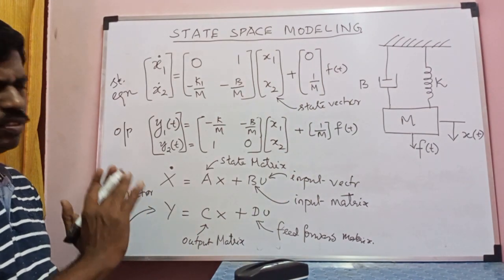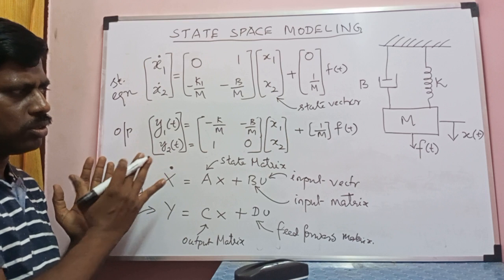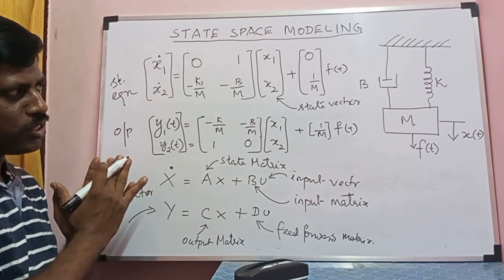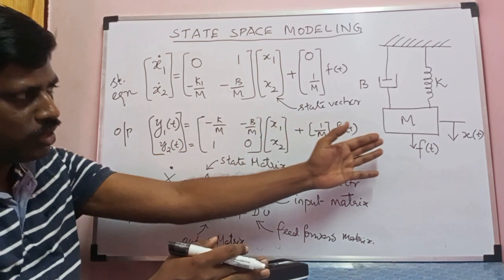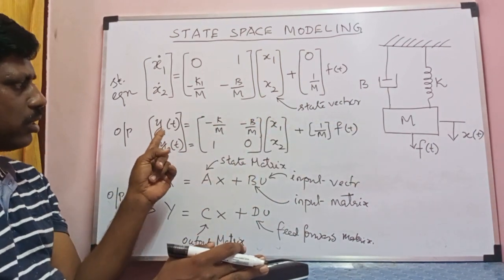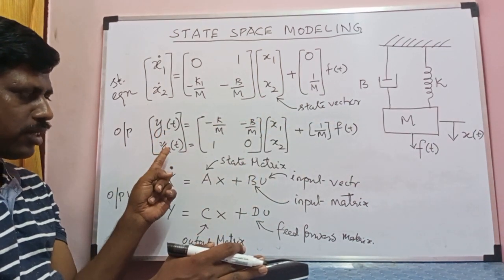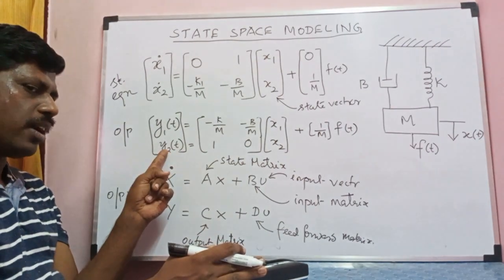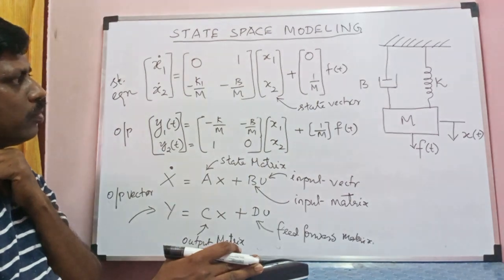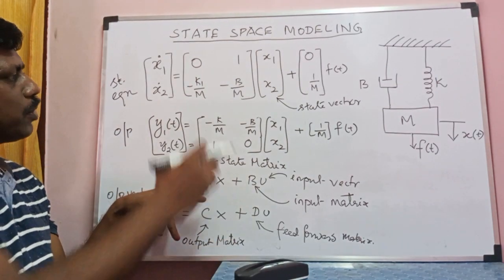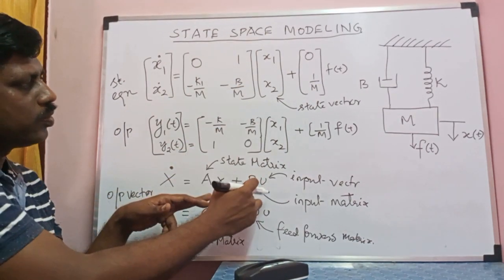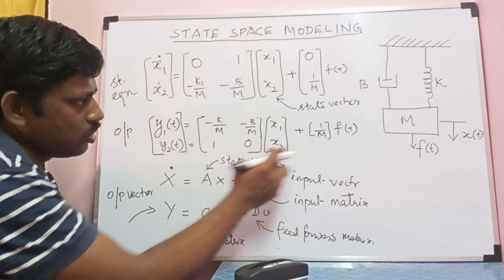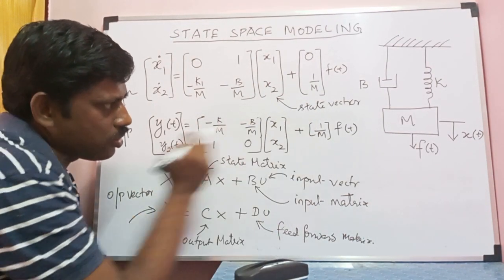So we just got this state space model describing the system, taking the acceleration, the velocity and the displacement as the outputs. The state matrix here is this, the B matrix is this, the C matrix is this, and D is this.